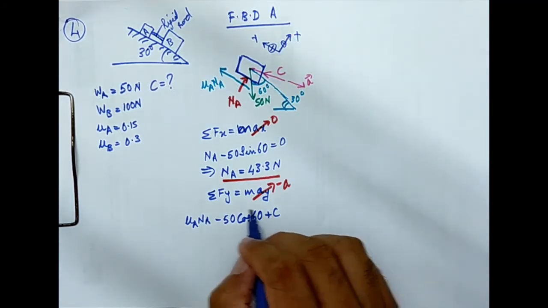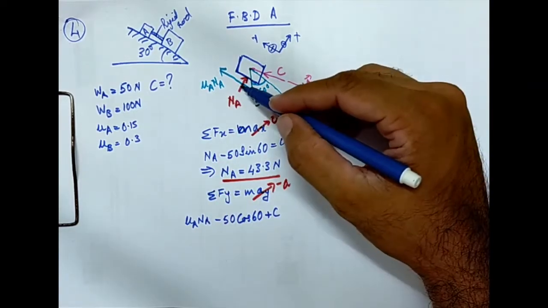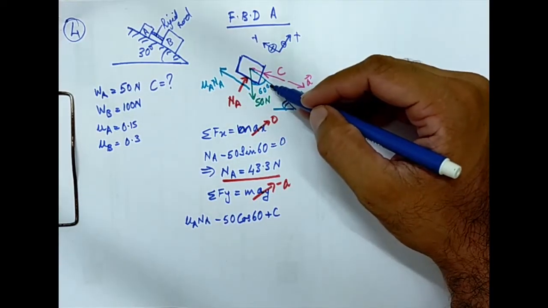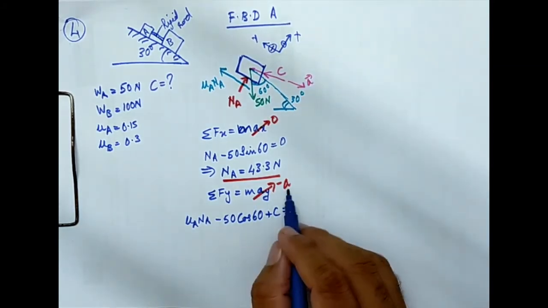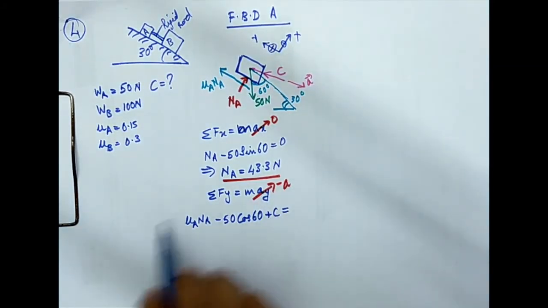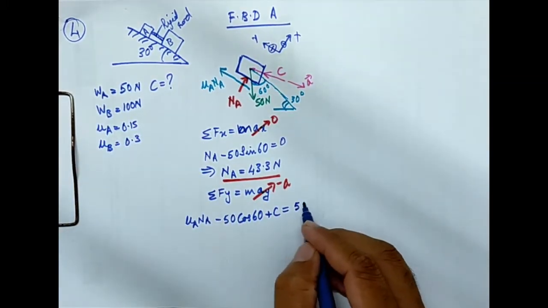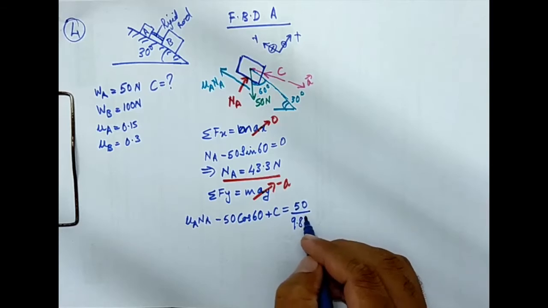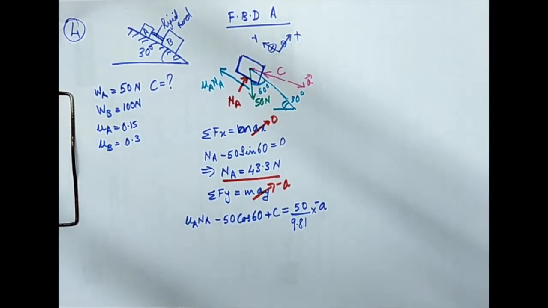So that's the left hand side, that is the forces mu Na, 50 cos 60 and C. This is equal to m times minus a. For block A the weight is 50, so mass will be 50 by 9.81 into minus a. So that's my equation 1.